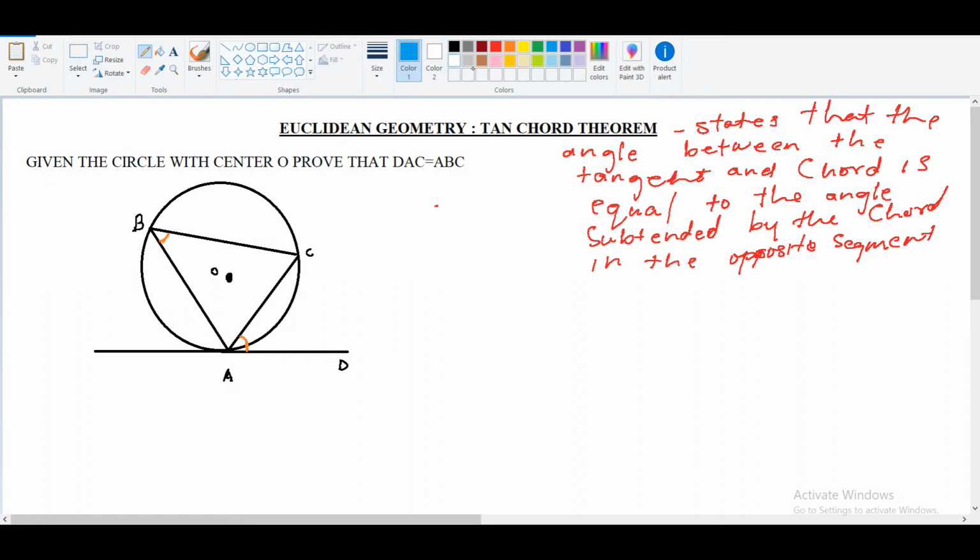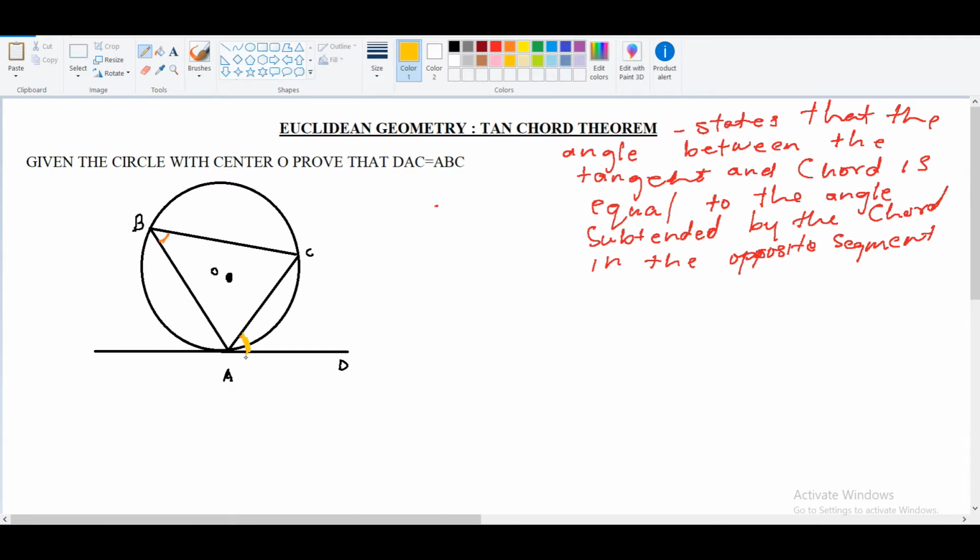So let's see. If you have an angle which is here on this side, the angle is equal to the angle subtended by the chord in the opposite segment. It is opposite to the angle that is created between the tangent and the chord. So this angle is on this side, and the angle that is equal to it is in the opposite segment.